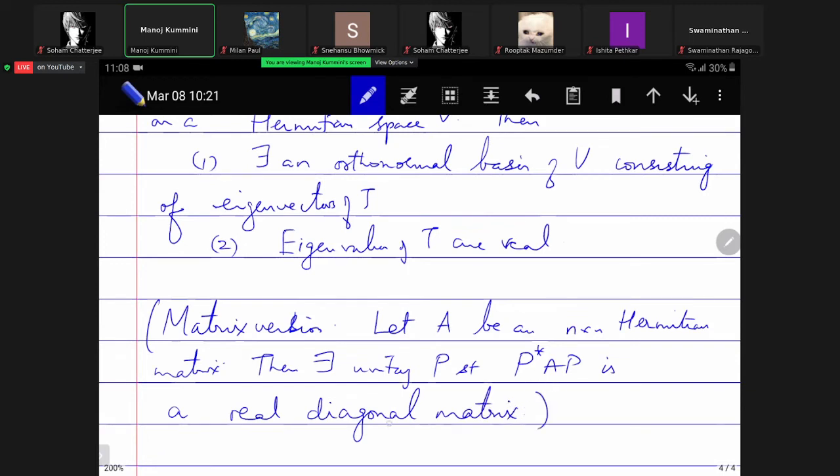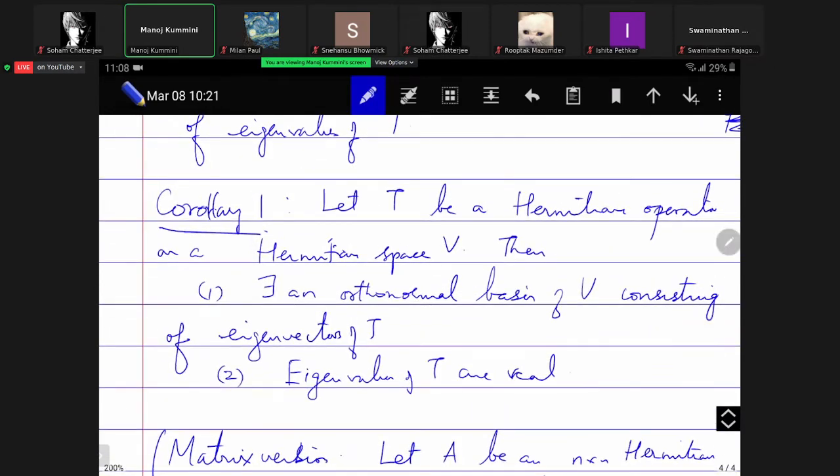Remember, if you have P inverse AP as diagonal, then the diagonal entries are the eigenvalues. Here P is unitary, so P inverse AP is the same thing as P star AP, and that's a diagonal matrix. Since we already know that eigenvalues are real, we get a real diagonal matrix. This is the spectral theorem for Hermitian operators.